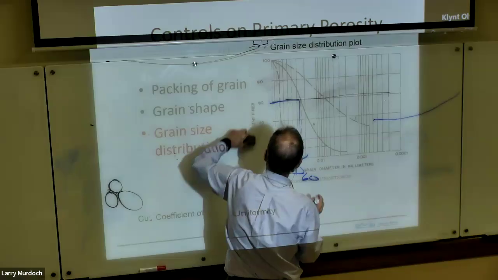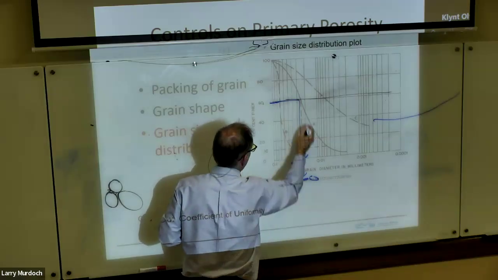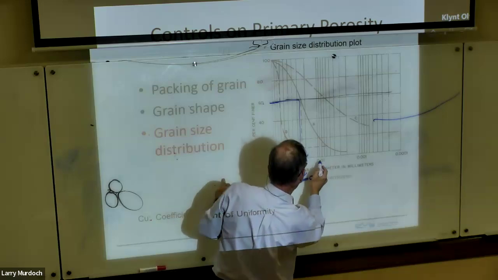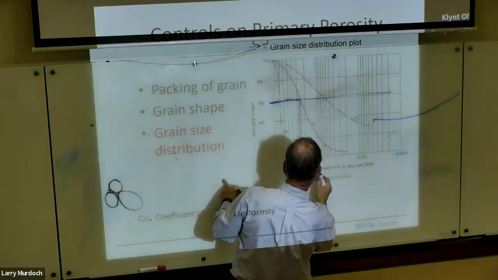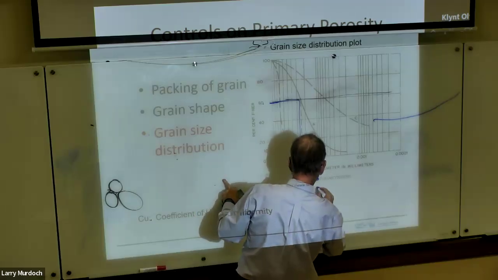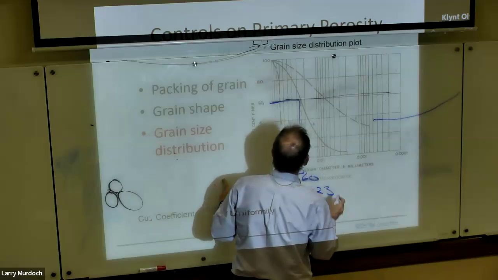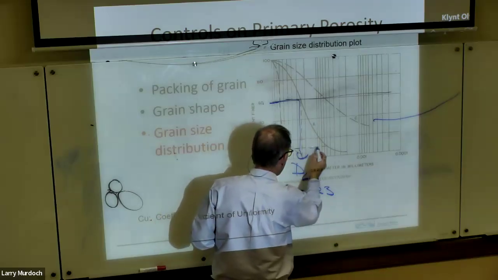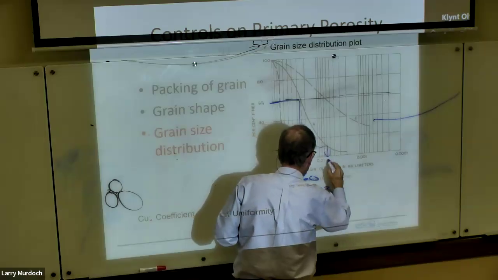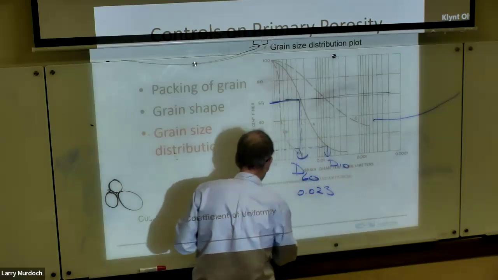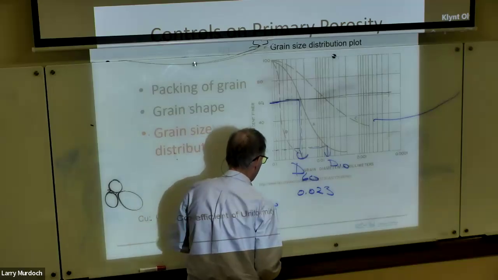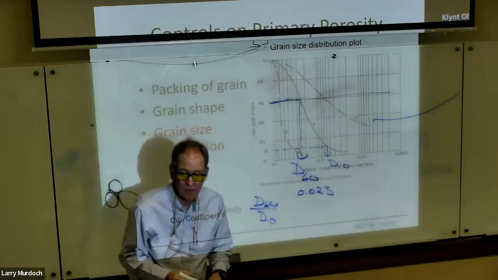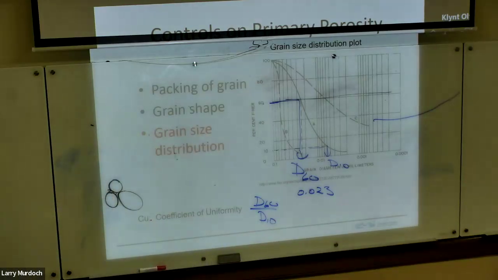Whatever that diameter is, it's 60%, and go and find what that is. There's 0.01, 0.02, maybe 0.023. And then D10 is here. So there's D10. And we take the ratio of D60 by D10, then we get the coefficient of uniformity. And that's a measure of the sorting.